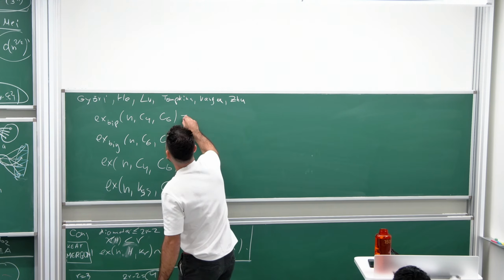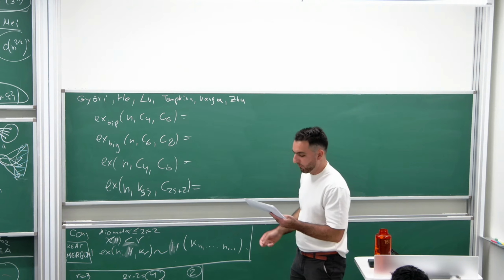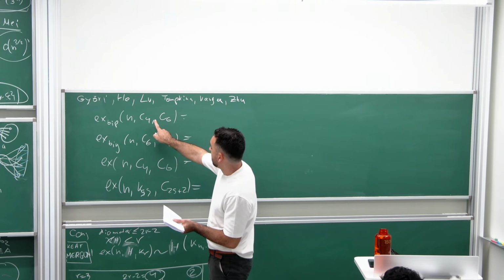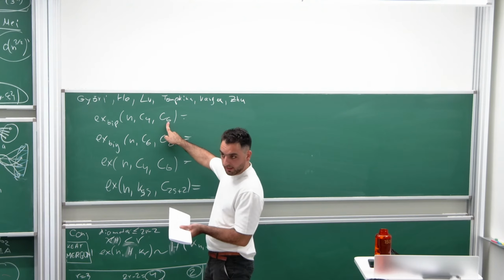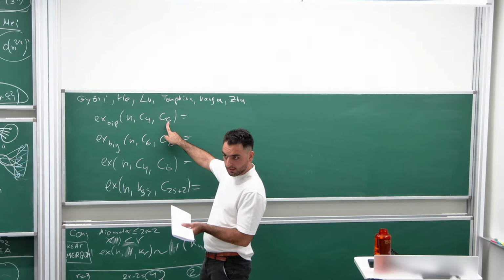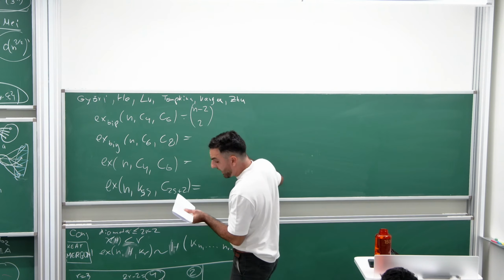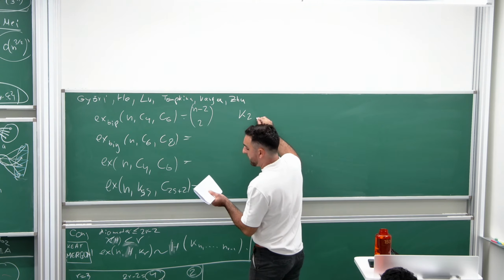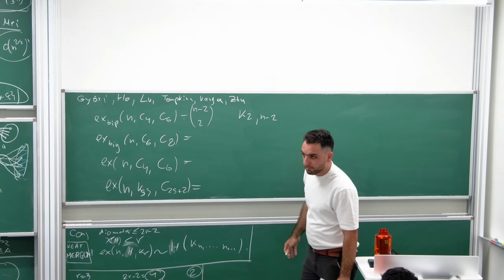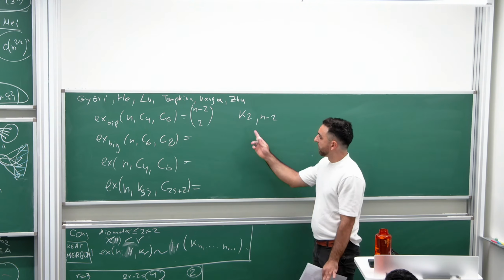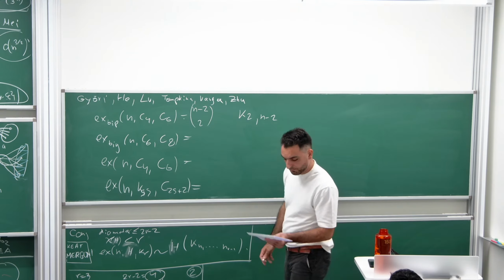And we got exact results everywhere. Now, if we forbid a cycle of length 6 and count the cycles of length 4, this is exactly n minus 2 choose 2, and this is obtained only by the complete bipartite graph of sizes 2 and n minus 2.